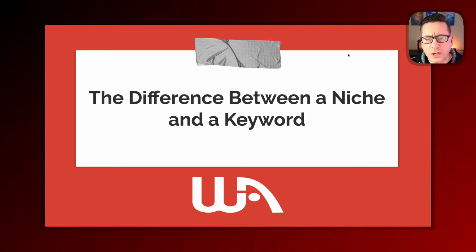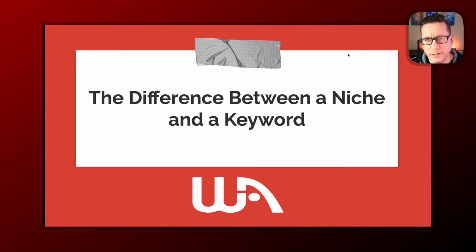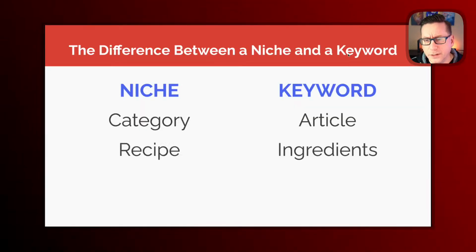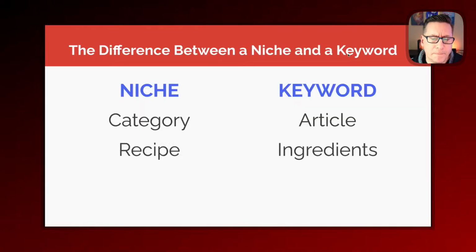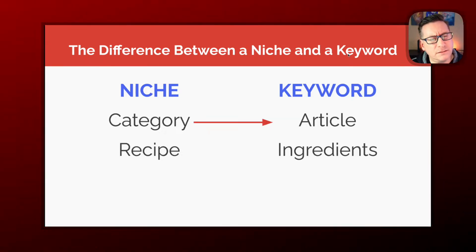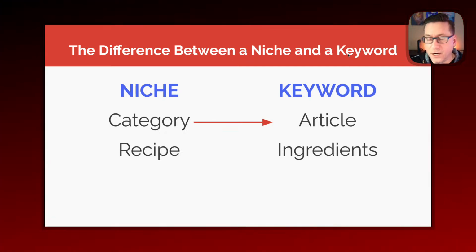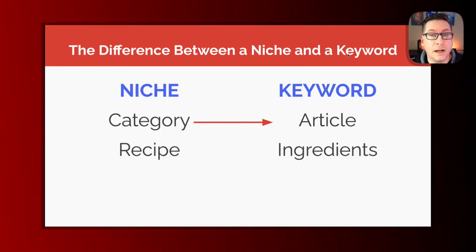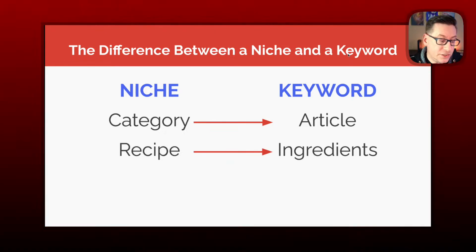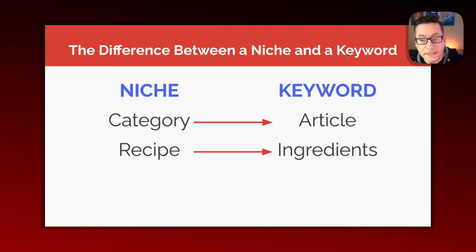Okay. So let's talk about the difference between a keyword and a niche. Like, is there actually a difference? Well, yes, there is. So to put it simply, a niche is like a category, and a keyword is like the article. Or another analogy would be a niche would be a recipe, and the keyword would be the ingredients.